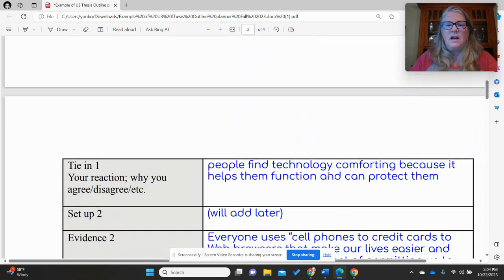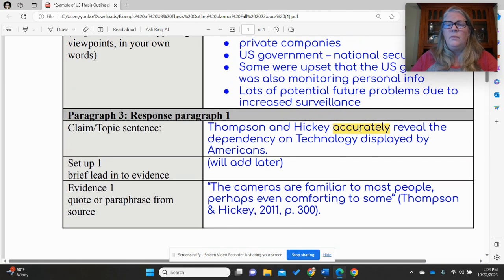But let's talk about the tie-in a little bit here, okay? So the tie-in is kind of you explaining why you agree, disagree, or whatever your reaction was to the author. So up here, if we have the topic sentence that they accurately reveal the dependency on technology displayed by Americans, the student is saying that they agree with Thompson and Hickey that Americans are dependent on technology.